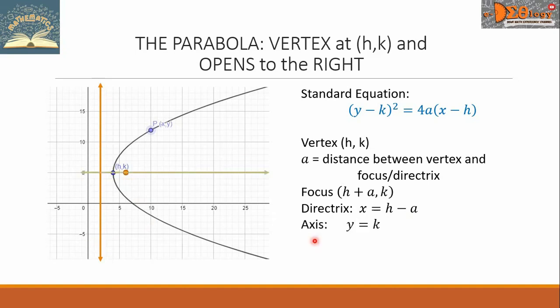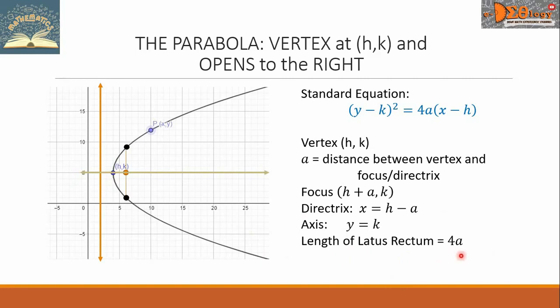The axis is the line y equals k, and this is the axis. Remember, the axis is the line perpendicular to the directrix and passing through the focus. Now we have the length of the latus rectum equals 4a.